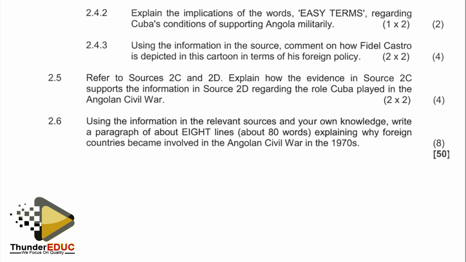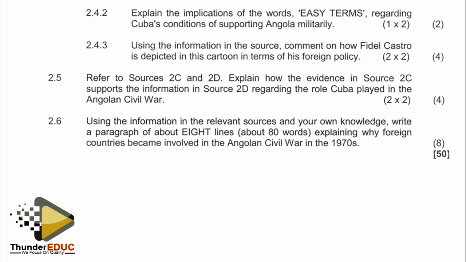I can start my paragraph with my point saying, foreign countries became involved in Angola mainly because of the differing ideologies of capitalism and communism. That can be my opening statement. It's a clear point. I have given that foreign countries became involved in Angola, and why they were involved is mainly because of the ideas of capitalism and communism.